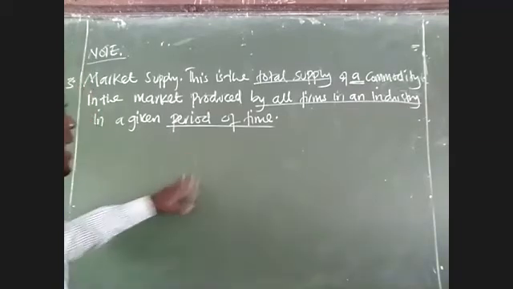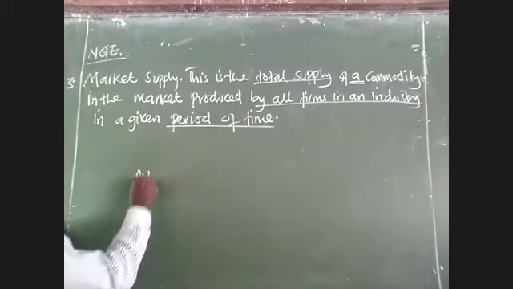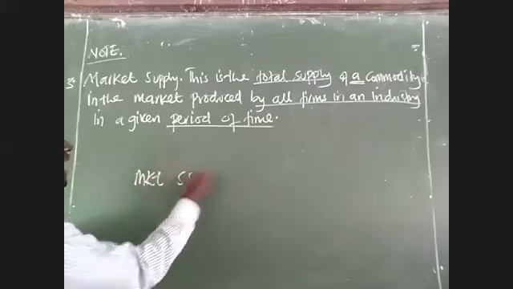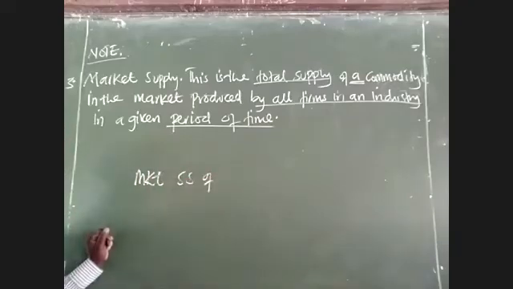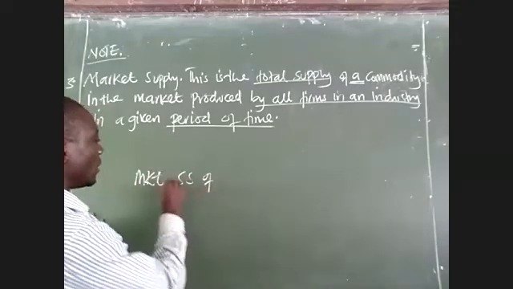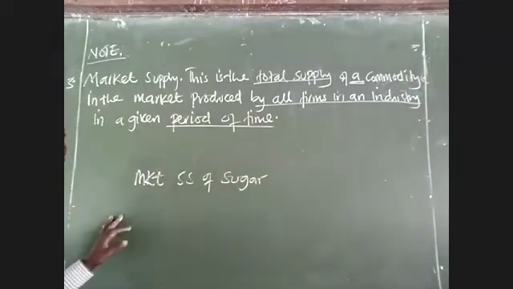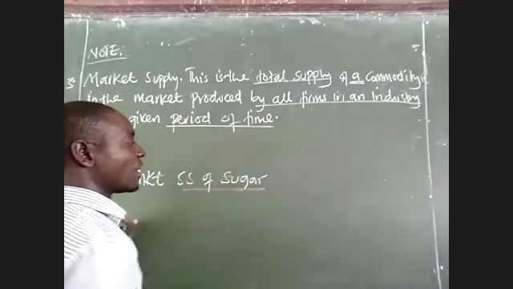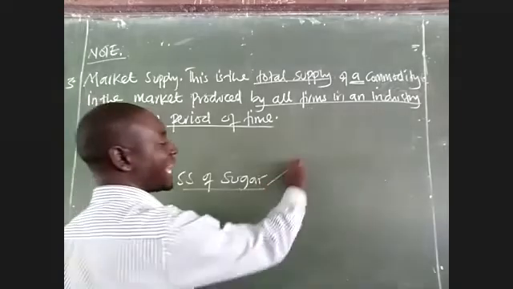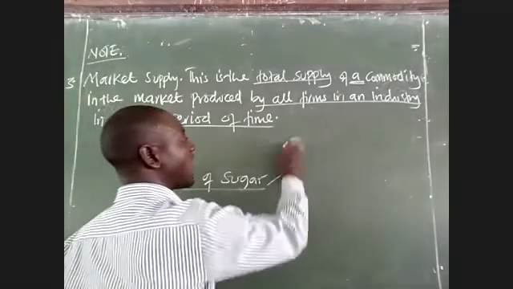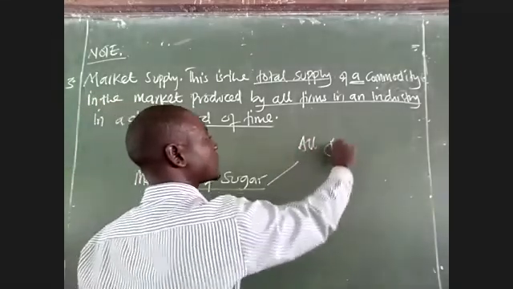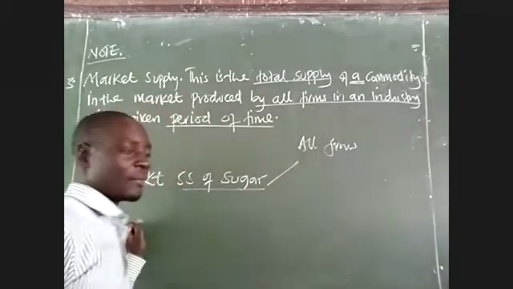So what do we mean here? For example, we can talk about the market supply of sugar. So we're looking at the total amount of sugar produced or supplied by all farms that produce the sugar.